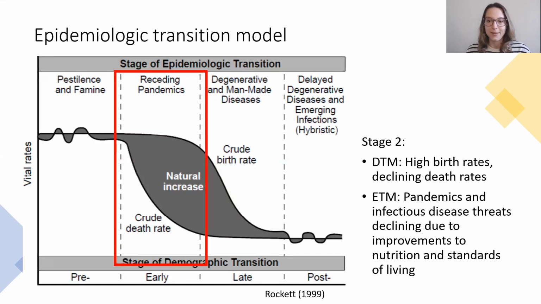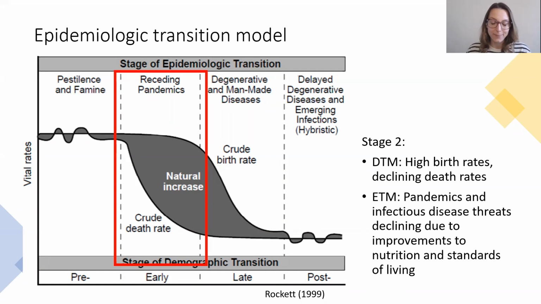So in the context of the epidemiologic transition model, this is because pandemics and infectious disease threats start to decline. They're not playing as big of a role in terms of causes of death as they were in the previous stage. And again, this is because of those changes to human interactions, better standards of living, and improvements to nutrition.